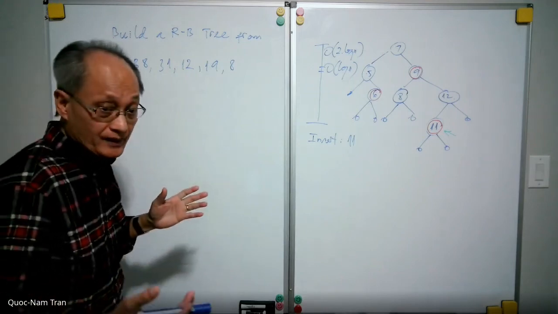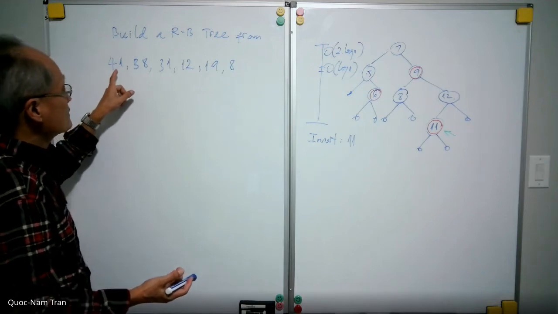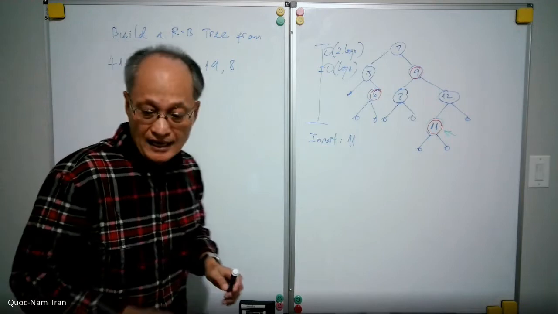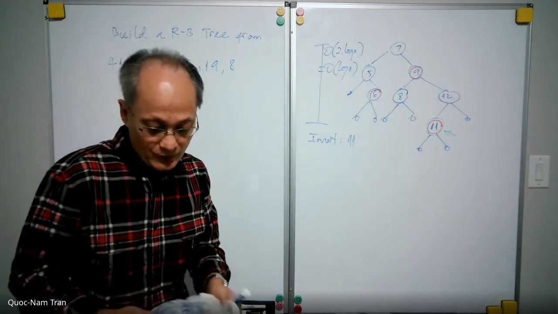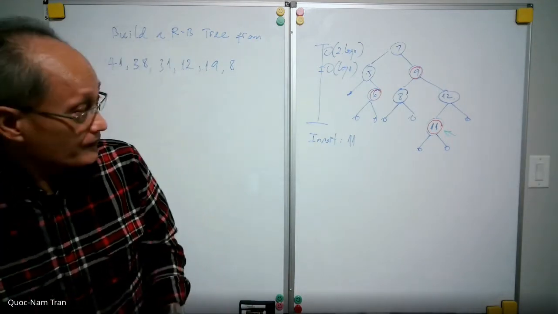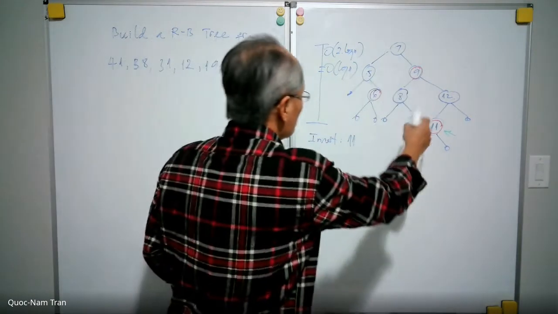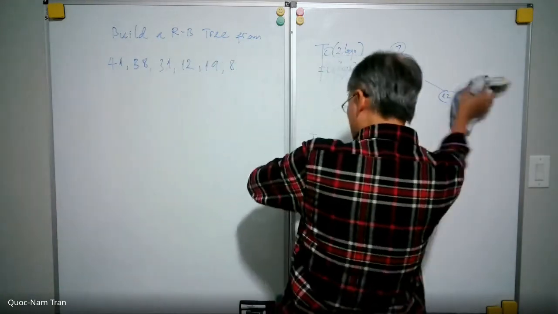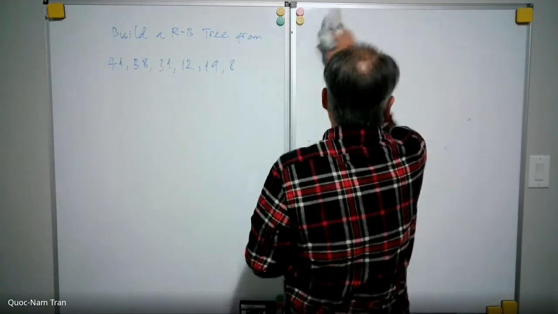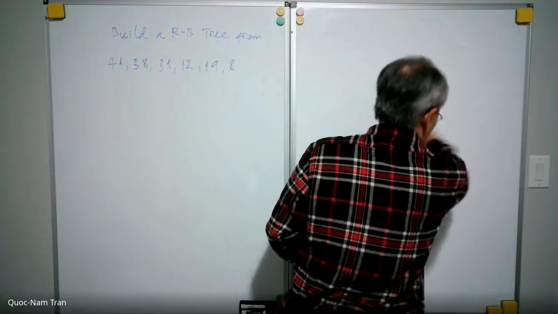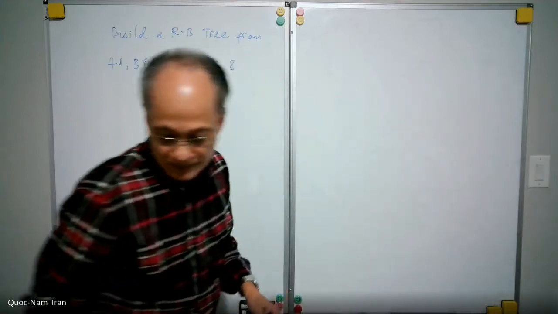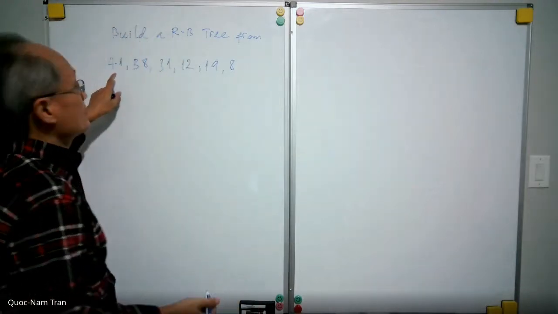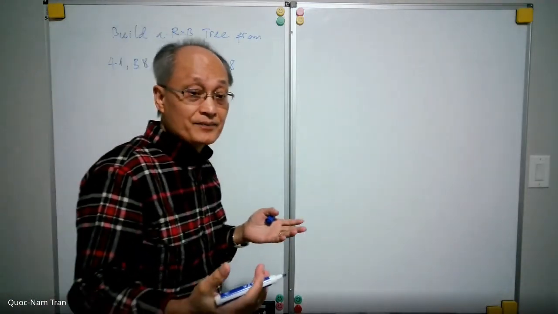Okay. So here we have an empty tree, okay? And then we will start inserting 41, 38, 31, 12 into that empty tree. And we will see what we have. I think we have time for the first 3 or 4 elements, right? So first, we have an empty tree, right?